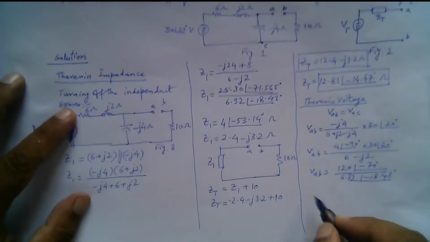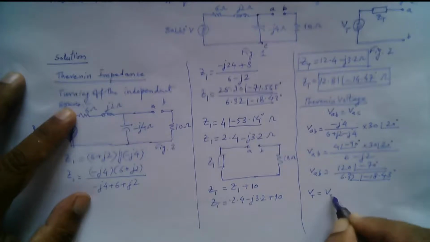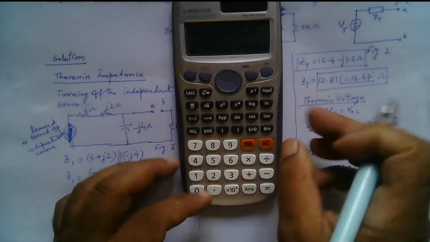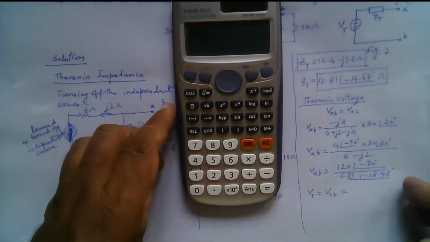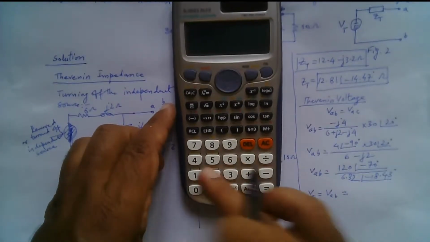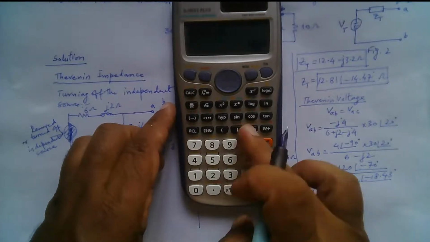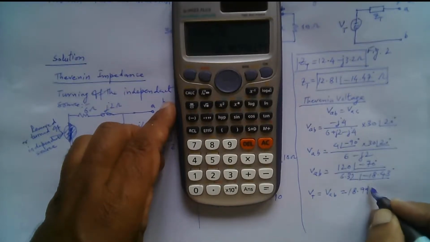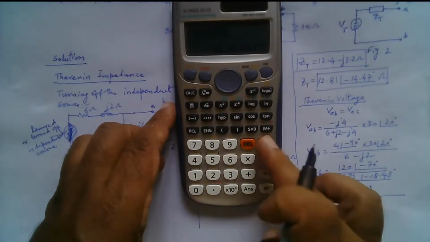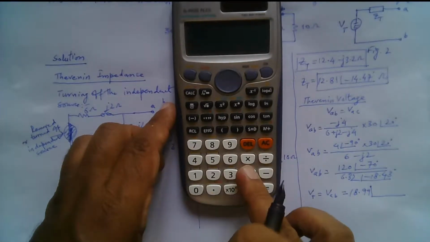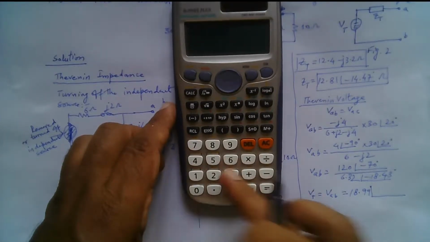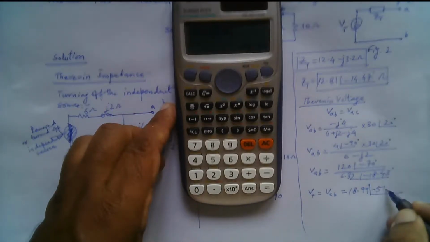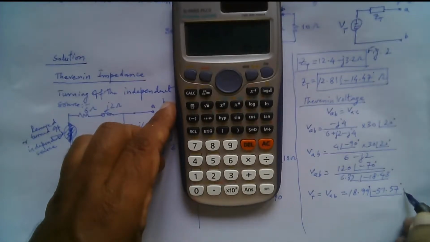So V Thevenin, which is equal to VAB, is given by 120 divided by 6.32, which is 18.99 angle minus 70 plus 18.43, that is minus 51.57 degrees volts.